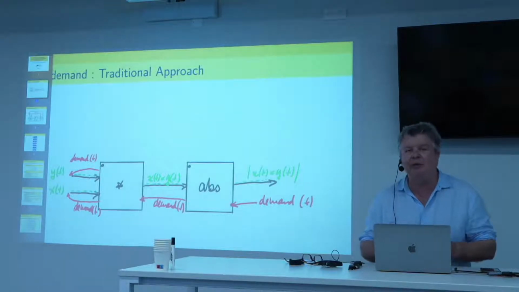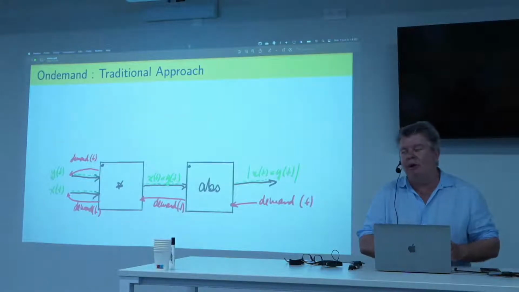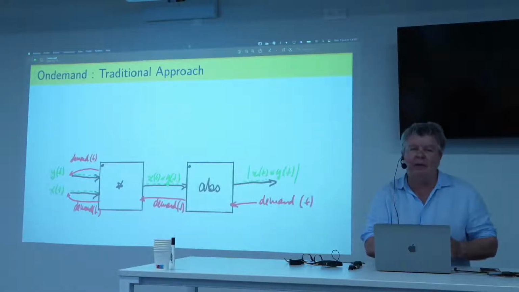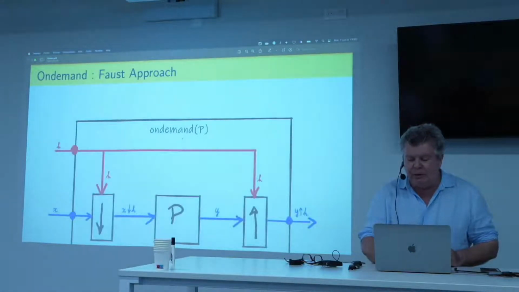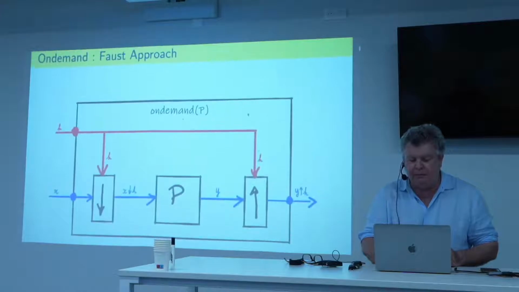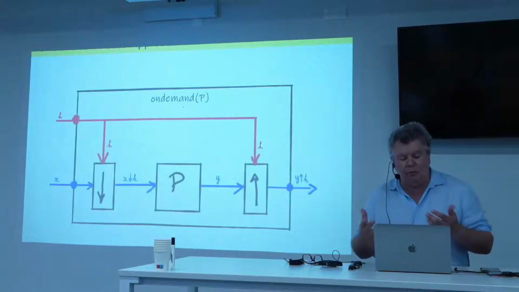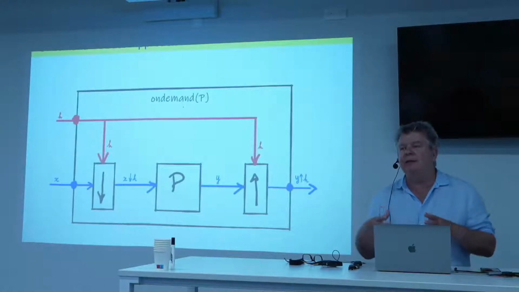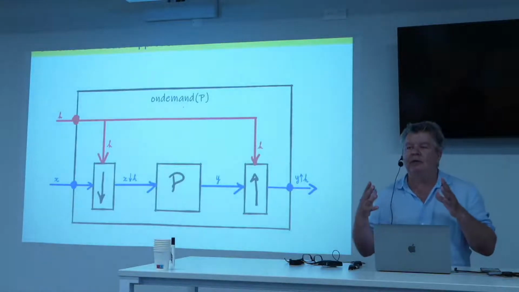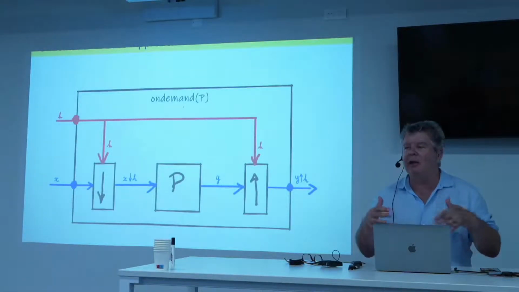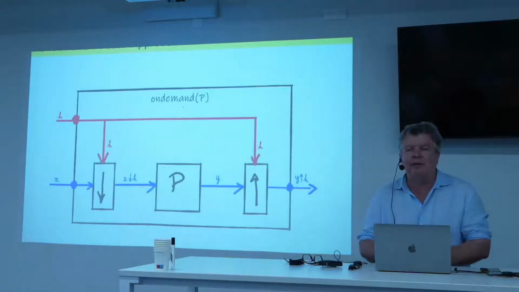So basically, the observation is that doing on demand is like doing normal audio computation on sampled signals, which is what you have here. So the idea is to have a new primitive that takes a Faust expression, a Faust circuit, and transforms it into an on-demand version by adding an input for a clock to control this computation.